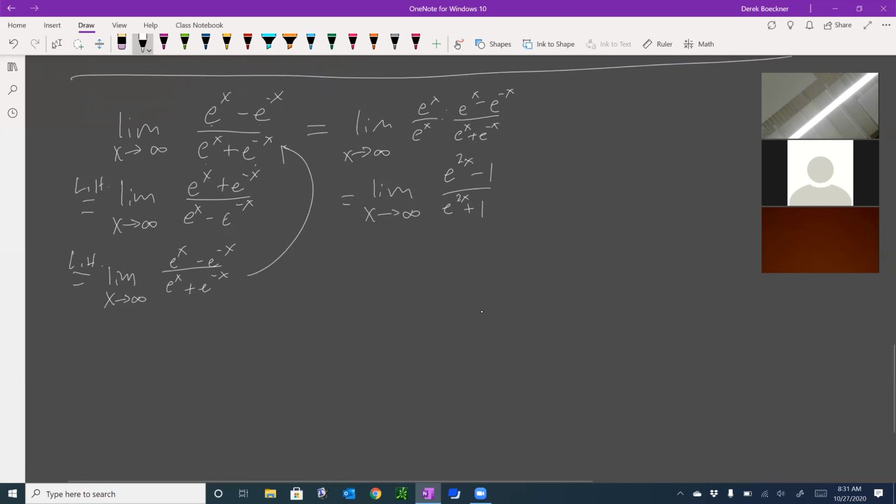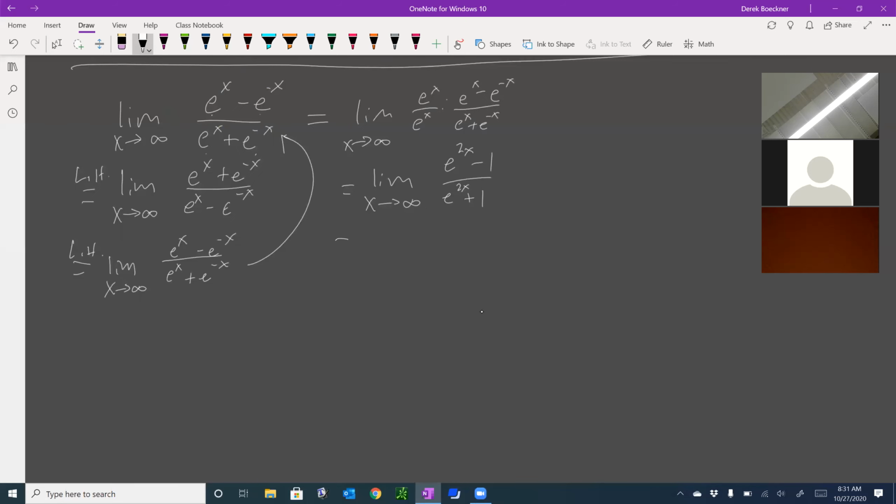And now we can use L'Hôpital's rule. So it's going to be 2e to the 2x minus 0, over 2e to the 2x. And so that's all going to cancel, and this is just going to be 1. Okay with that?